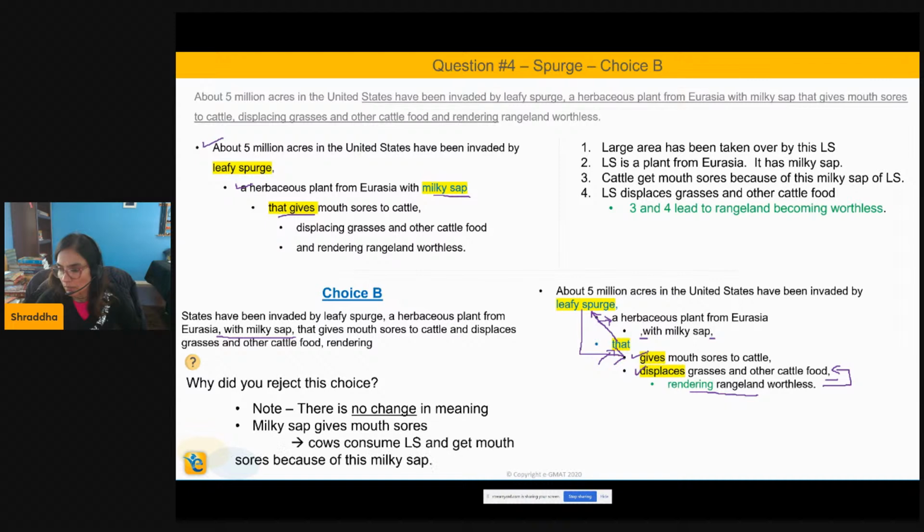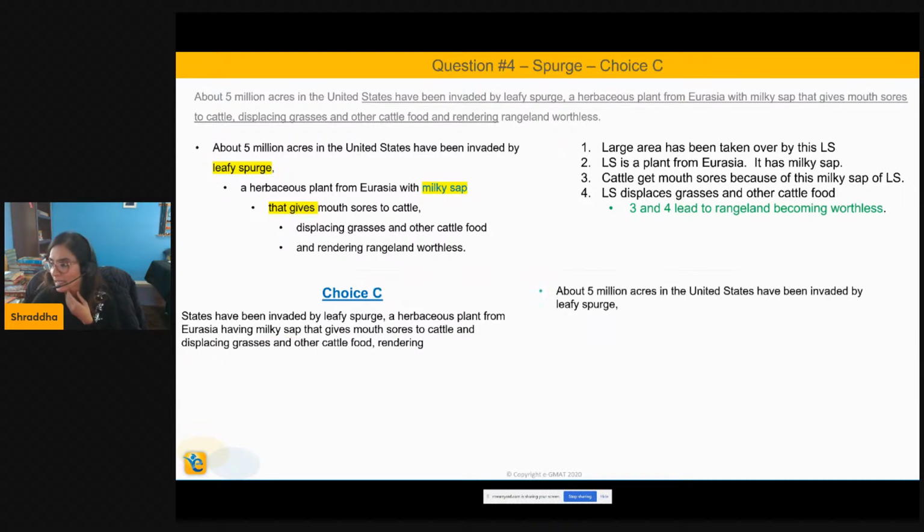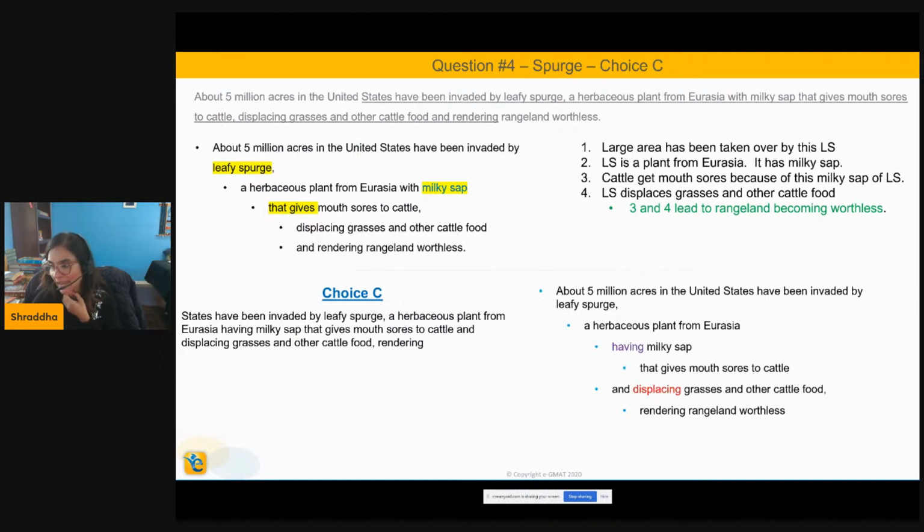I've already described why choice B is correct. Let's take a look at choice C. If you look at choice C, we again see a beautiful parallel list over here between having and displacing. Both these verb-ing modifiers are talking about herbaceous plant, which is fine.